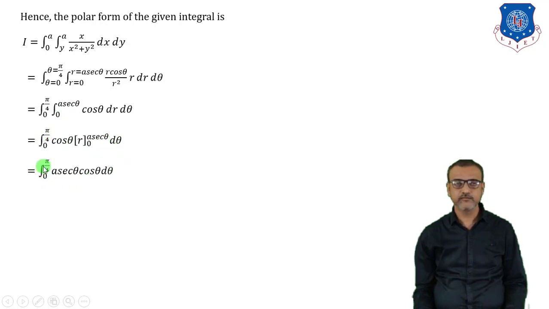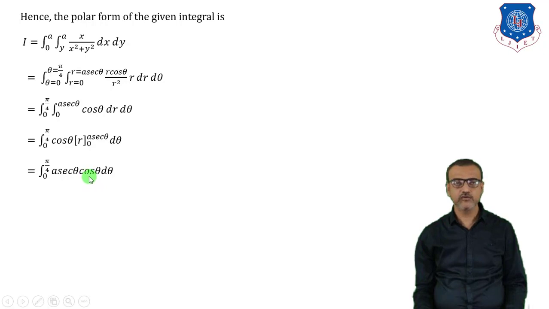Now cos theta will be as it is. Replacing r by the upper limit a sec theta, and for the lower limit 0, we replace r by 0, so the result is a sec theta, and this cos theta will be as it is and d theta will be as it is.